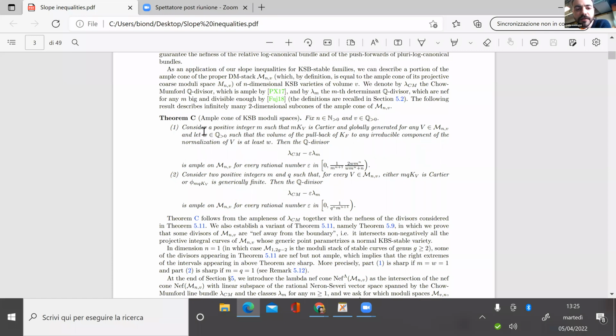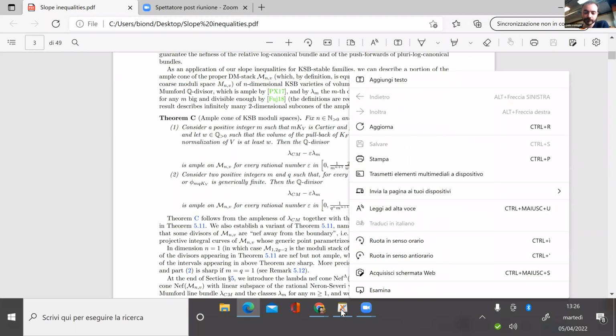So if you study the volume of varieties in your moduli space, you get another bound which speaks about the volume of the varieties parameterized in your moduli space. This speaks about the Cartier index of numerically finite maps. And according to these quantitative things, you get a portion of the ample cone.